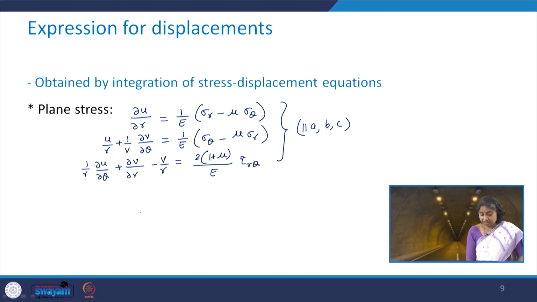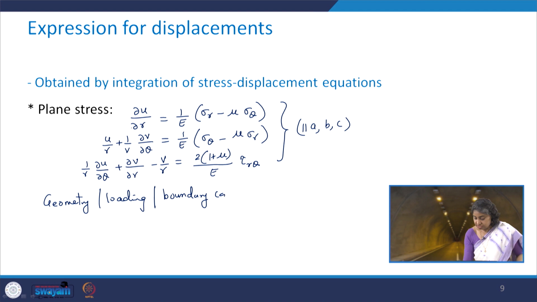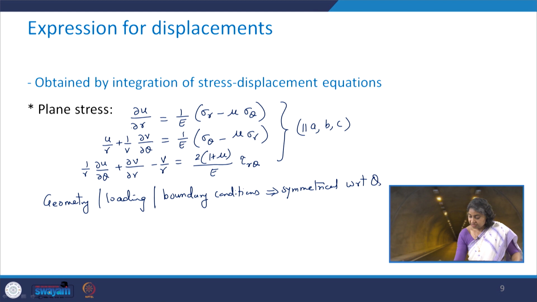Now, in our case, the geometry, loading as well as the boundary conditions, these are all symmetrical with respect to theta, and we can therefore say that we have the complete symmetry.